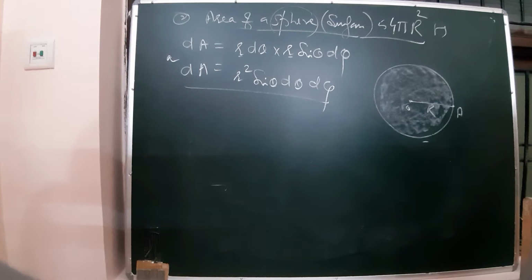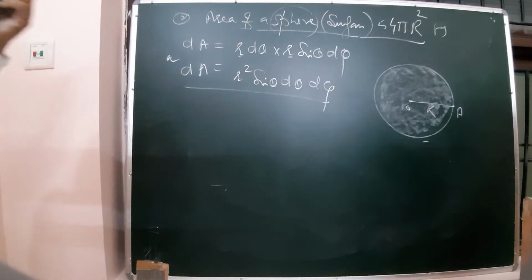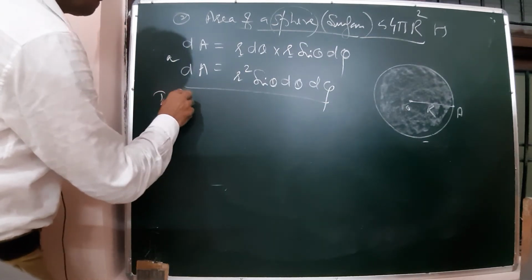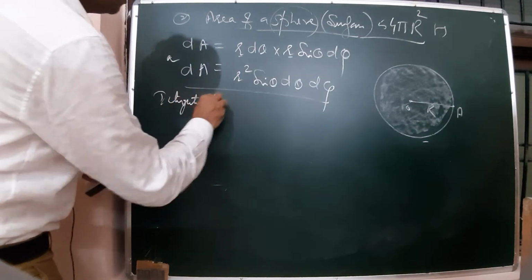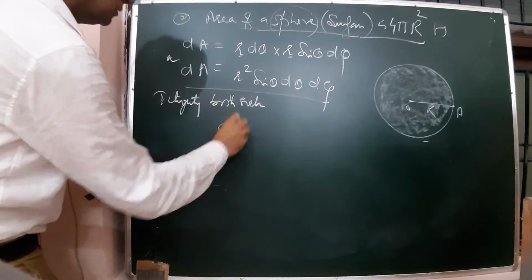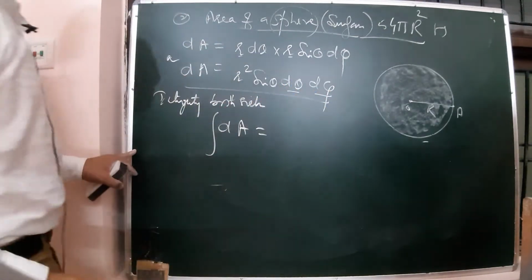Now we have to find the total surface area. How can we get this total? By taking its integration on both sides. So, again integrating both sides, you will get integral of dA, and on the right hand side there are two variables theta and phi.